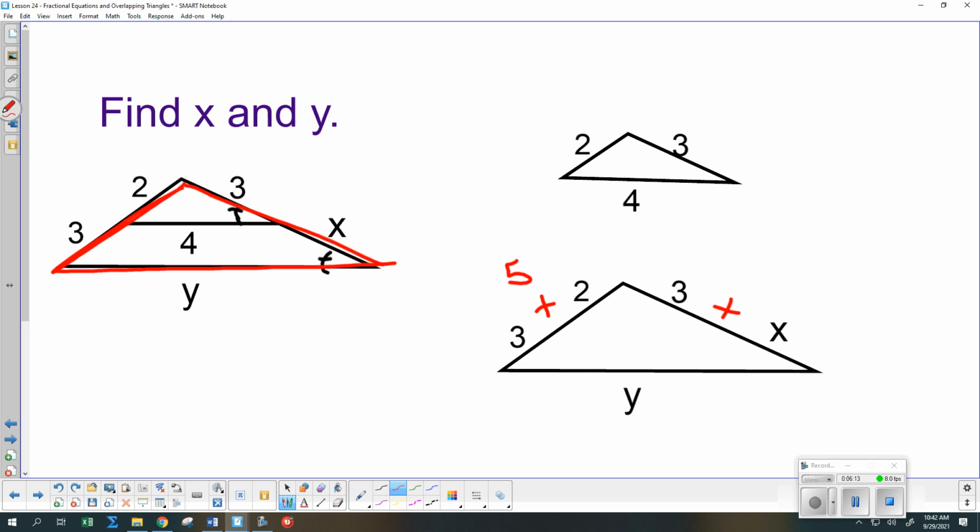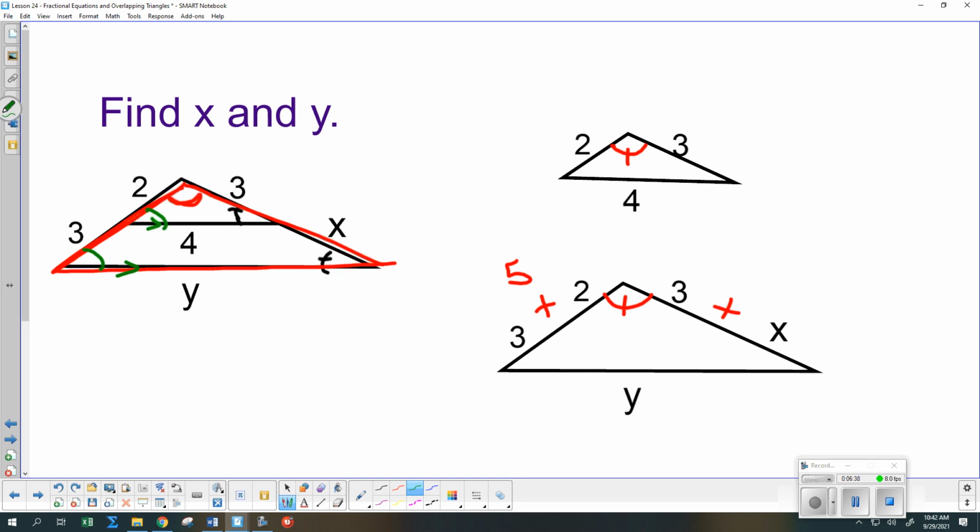Do these both share this angle up here? So this angle is the same as, so therefore congruent to that. If these are parallel lines, which they are in these kinds of problems, what about these angles that I just marked in green?